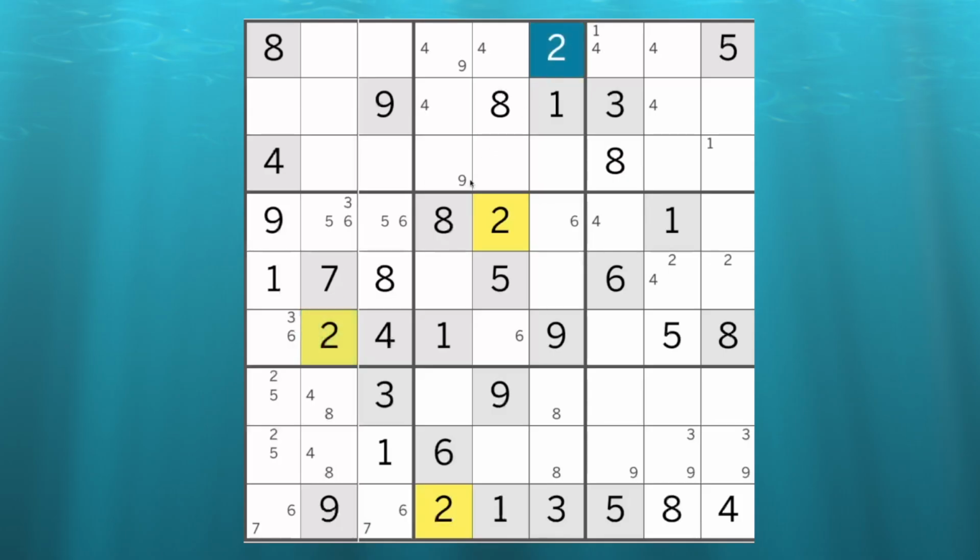And then this 2 and this 2 keeps it from being there, so 2s are there. Here we only have 3 little numbers left in that row, which is a 3.